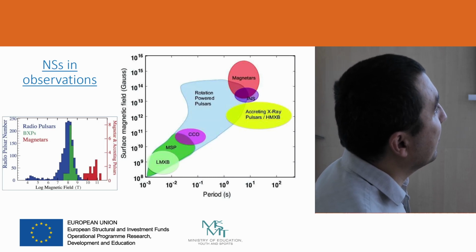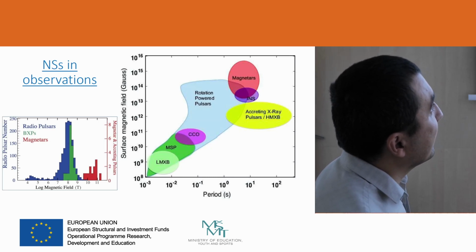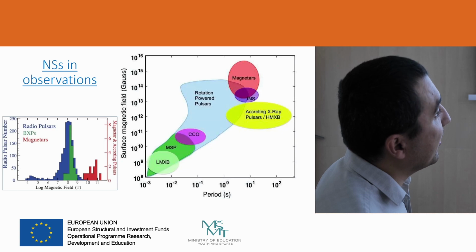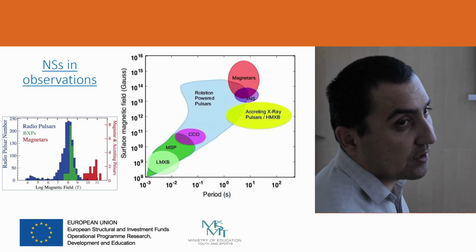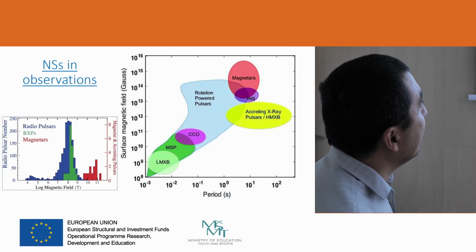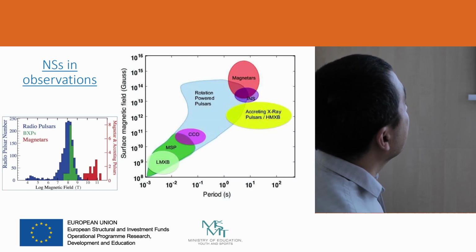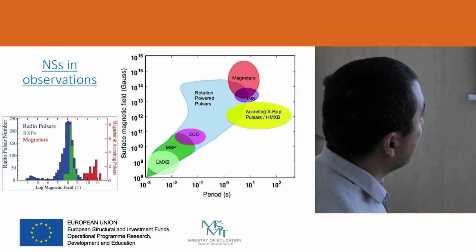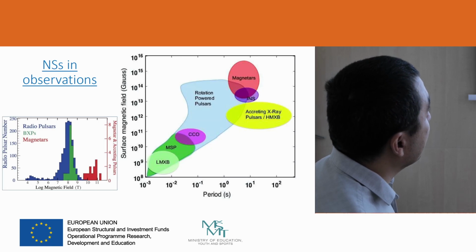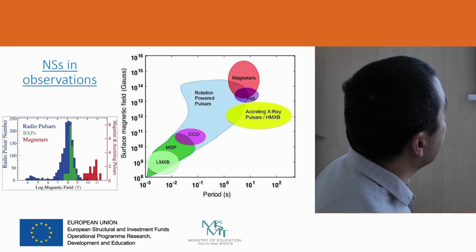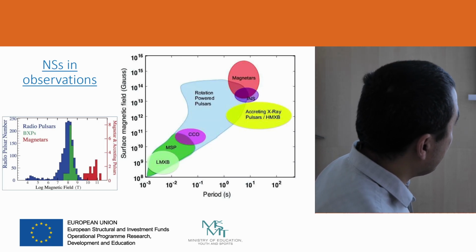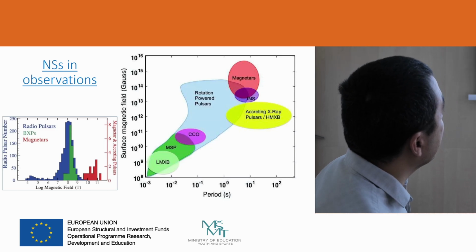In this plot, it is magnetic field versus period, similar to the P-Pdot diagram, and we can see the number of radio pulsars and magnetars observed. Mostly, observed pulsars are radio pulsars.